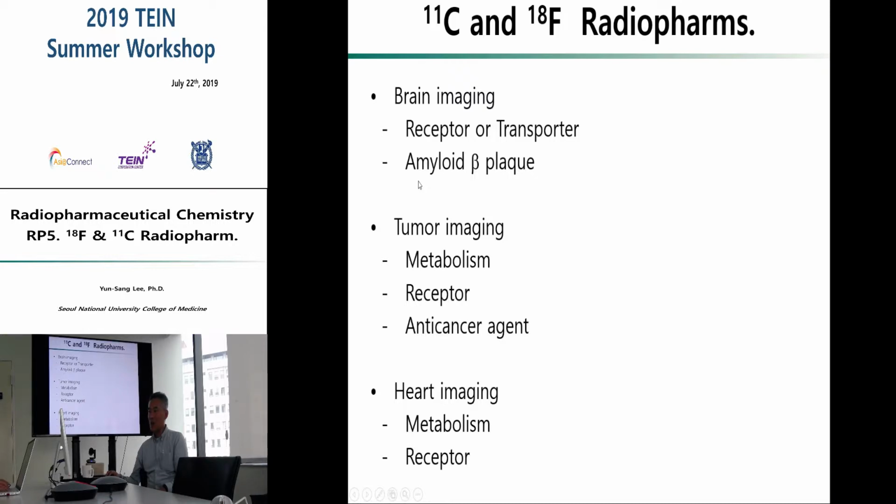The other part is amyloid beta plaque imaging or tau imaging agents for Alzheimer's disease. Then tumor imaging is related to metabolism, receptor imaging, or direct labeling of anti-cancer agents. And heart imaging is also metabolism related and receptor imaging.